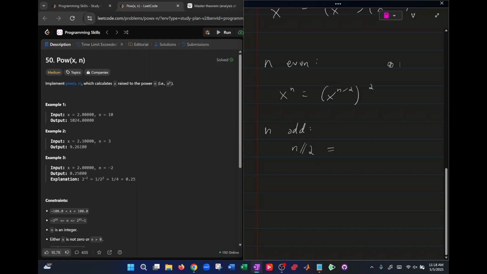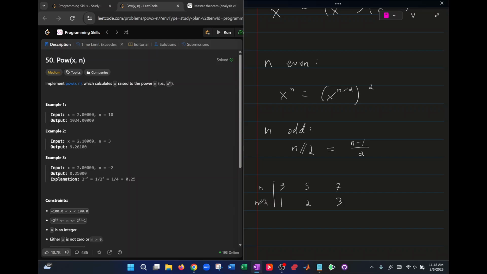But here, if n is odd, then this ends up being n minus 1 over 2. So if we have 3, 5, 7: 3 divided by 2 is 1.5, so this would become 1. 5 divided by 2 is 2.5, so it would become 2. 7 divided by 2 is 3.5, so this would become 3.